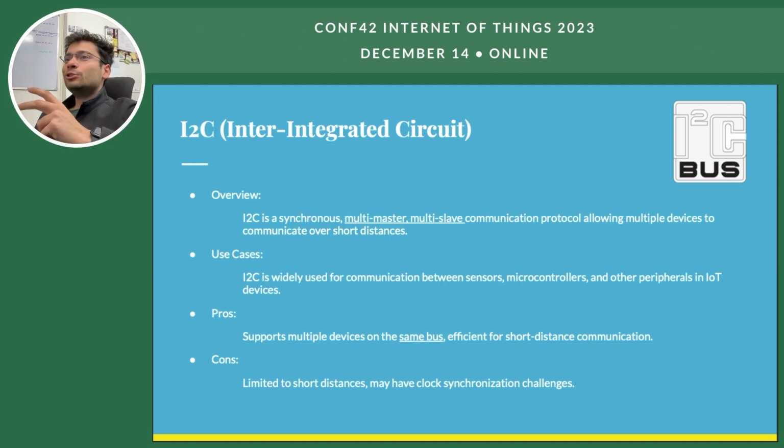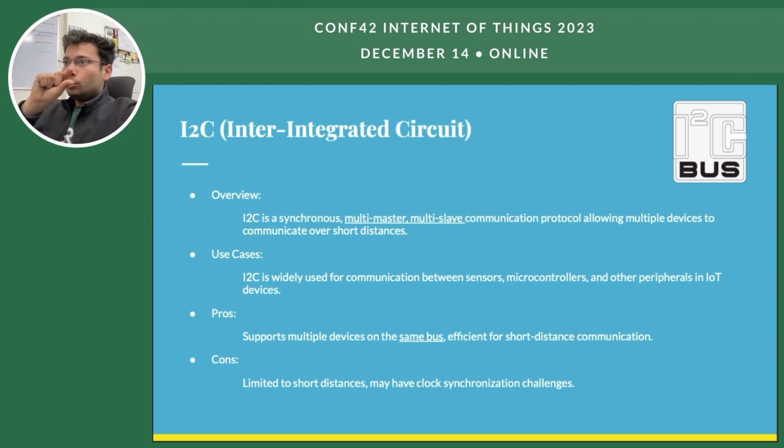The advantage of I2C over any other wired protocol is that we just require two wires to enable this particular protocol, and we can connect multiple hardware on those two lines. So it works as multi-master, multi-slave.